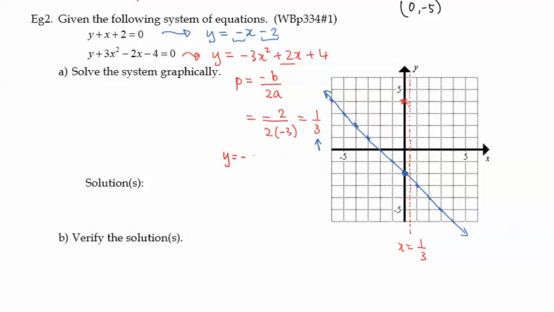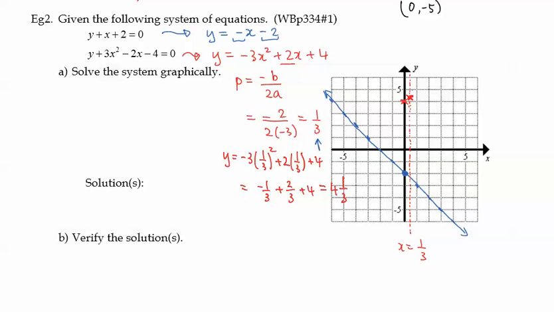The y-coordinate of your vertex would then be -3 times 1/3 squared plus 2 times 1/3 plus 4, which is 4 1/3.